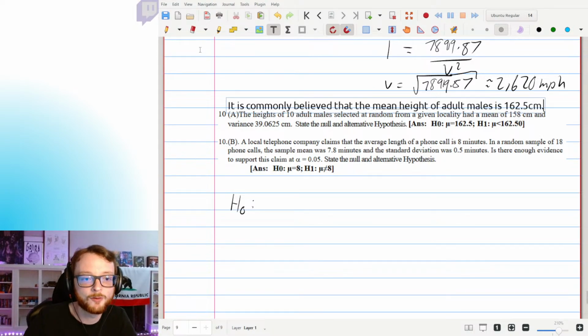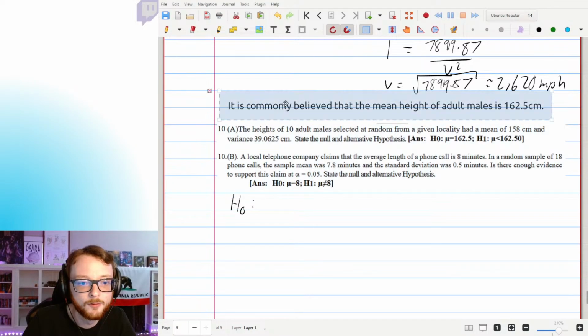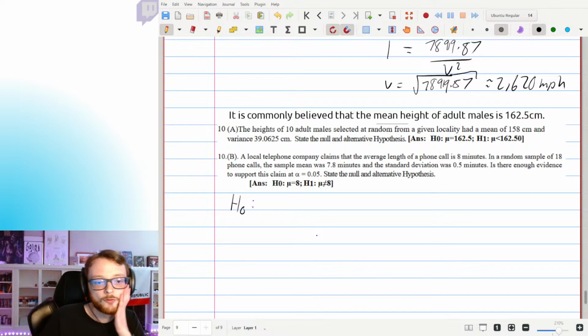Like there needs to be a sentence like that. So this isn't really possible. But the null is always equal for this type of stuff. And so you would say it's always equal to whatever people think it is. The alternative, this is bad for multiple reasons.